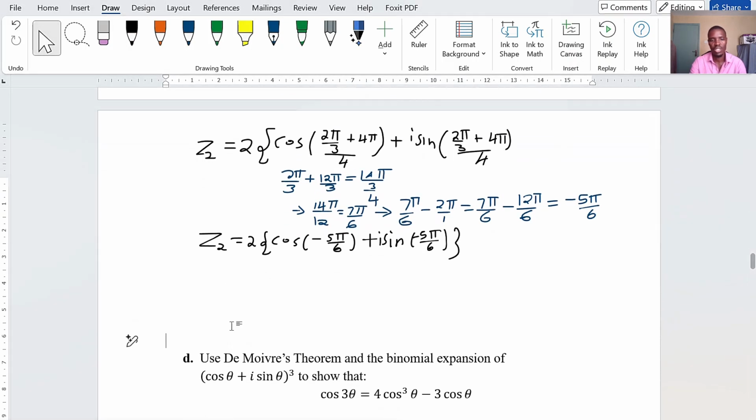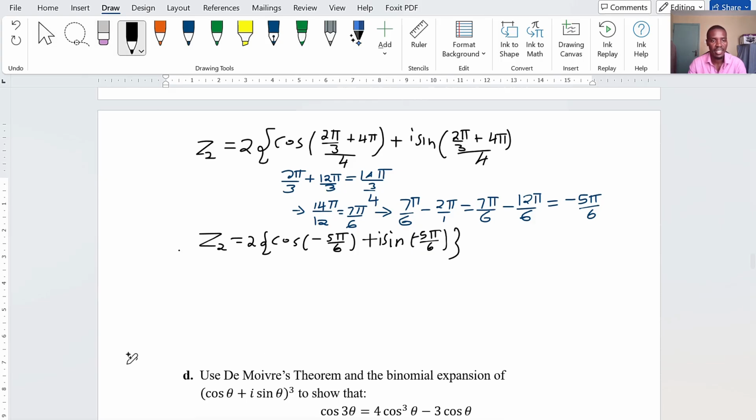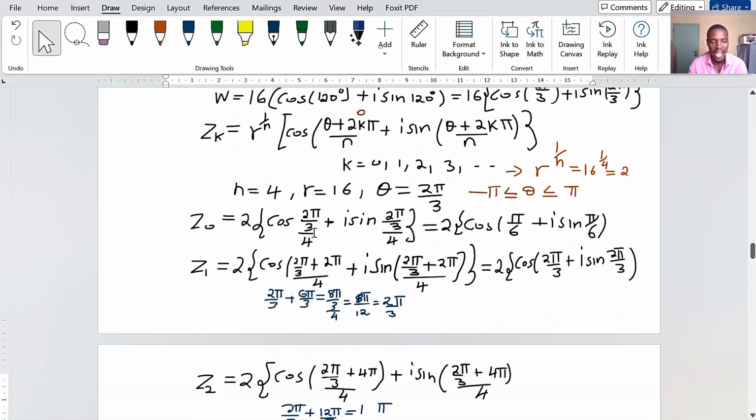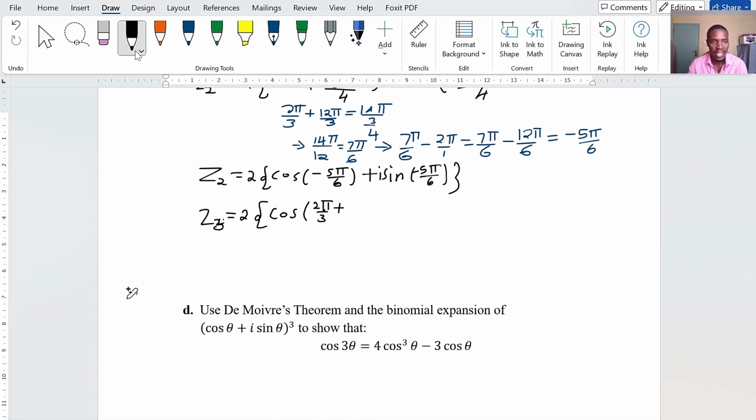Now our last root is Z3, where k is 3. So this will be cos of 2 pi over 3, which is our theta, plus, going to the general formula, we replace k here with 3. 3 times 2, 6 pi.